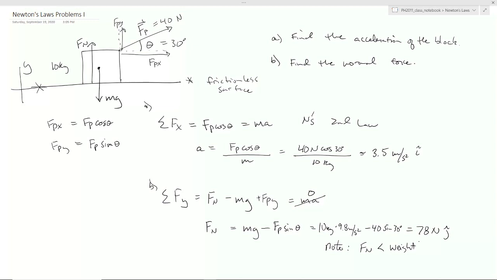Because remember, the normal force is this component force. It's supplying whatever is necessary to keep that object at rest in that direction. Okay, so that's an example that's tying in what we had talked about with the normal force, but also now it's allowed to accelerate. Let's look at a couple more.